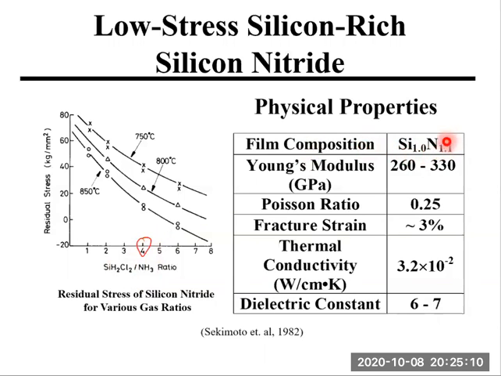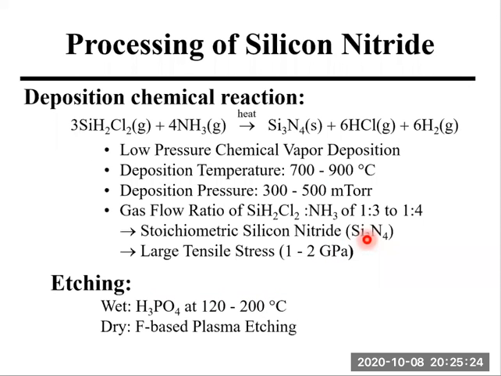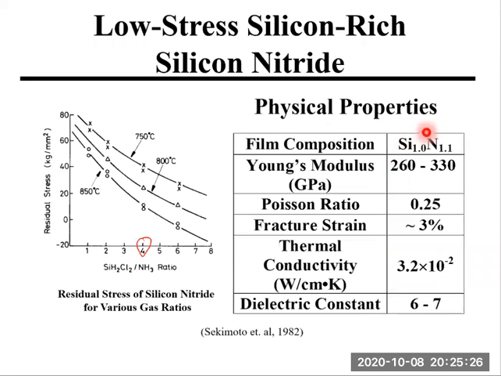And this gives us silicon-rich silicon nitride. You see, now the silicon to nitrogen ratio is 1 to 1.1 compared to the 3:4 ratio. The silicon nitride has more silicon. So that's the reason we call this silicon-rich silicon nitride.